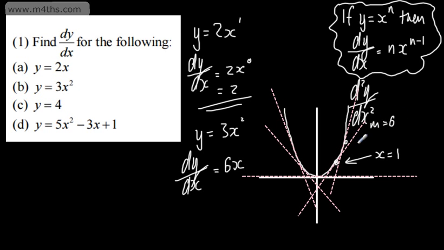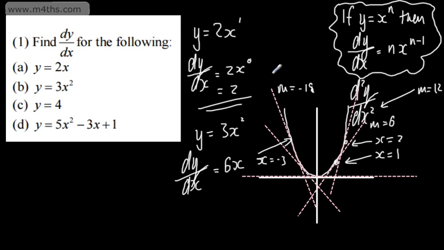Yet if I chose this point right here, and this point was x is equal to 2, then what we're going to have is that the gradient is going to be 6 times by 2, so we can say m is equal to 12. If we picked a point just here, let's say that this is going to be negative 3, so x will be equal to negative 3, then m, the gradient, is going to be 6 lots of negative 3, so that's negative 18. So that's a very negative steep line.